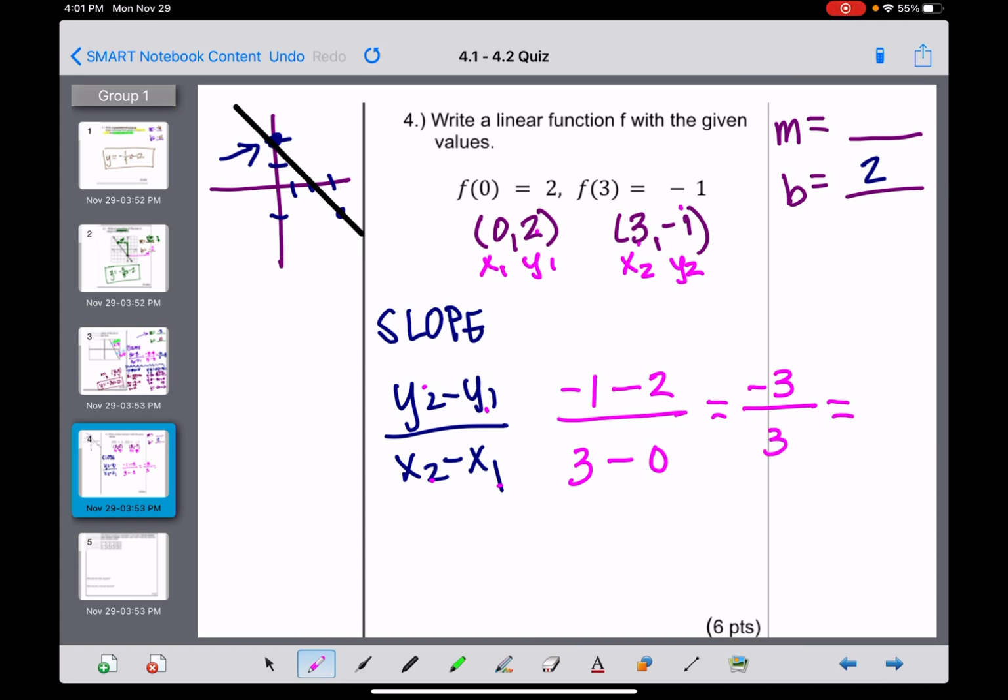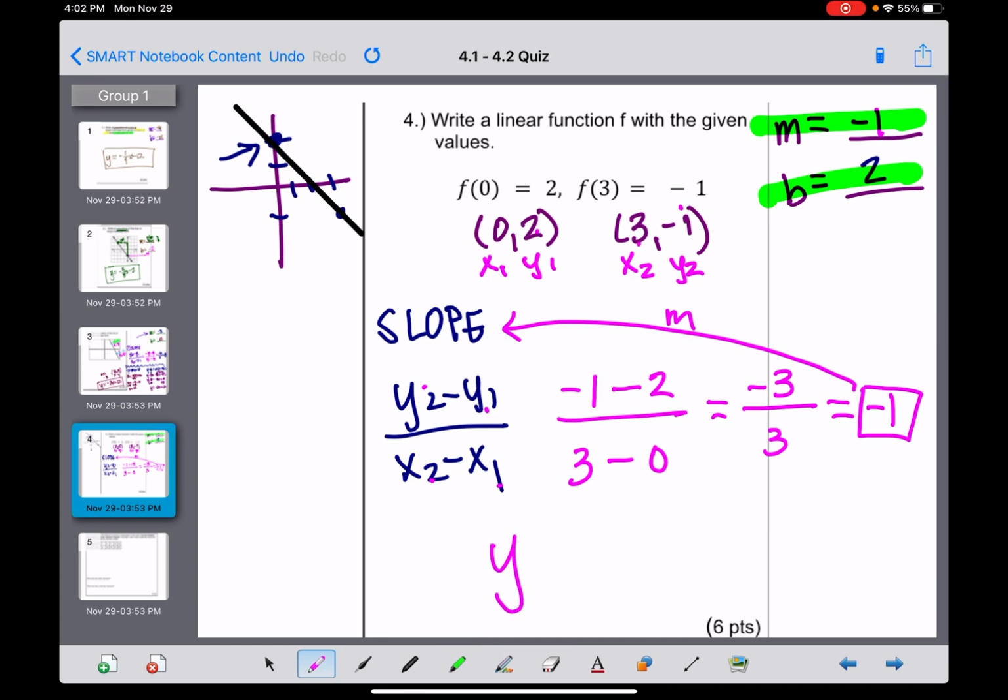Negative 3 divided by 3 is negative 1. Slope is representative of the letter M. So now that I have the two pieces of information that I always need, I write my final line, y equals negative 1x plus 2.